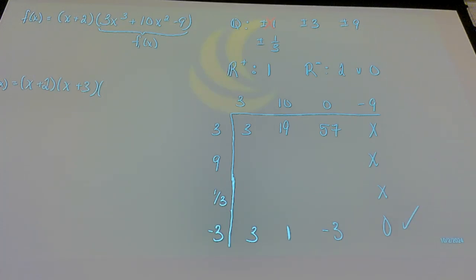That's the remainder. 3x squared plus x minus 3. You're down to a quadratic, which means this process is now done.